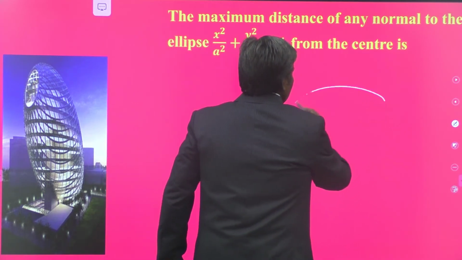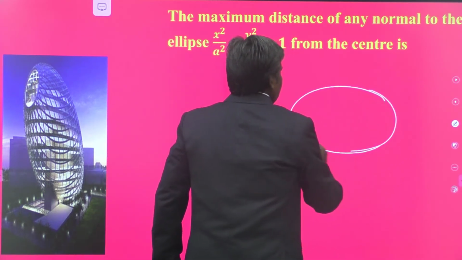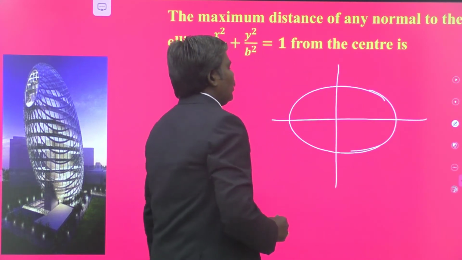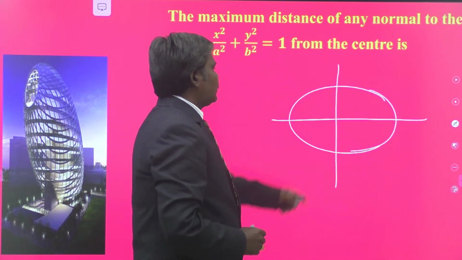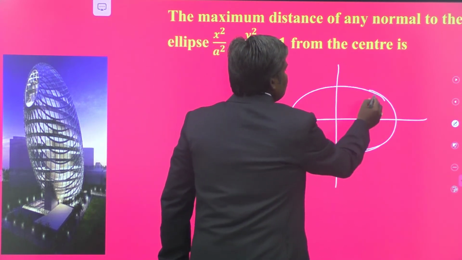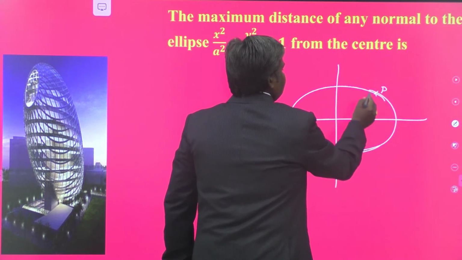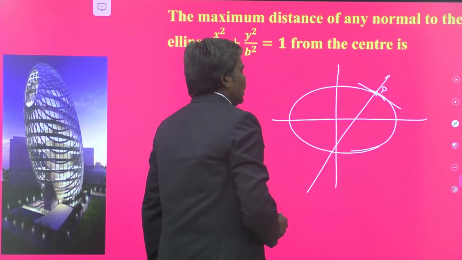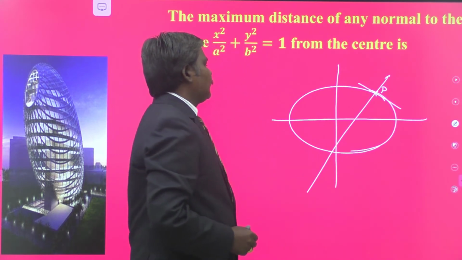So let us try to draw a simple diagram. This is the ellipse, these are the coordinate axes, these are the major and minor axes of this ellipse. Suppose this is my point P, at that point this is the normal to the ellipse.